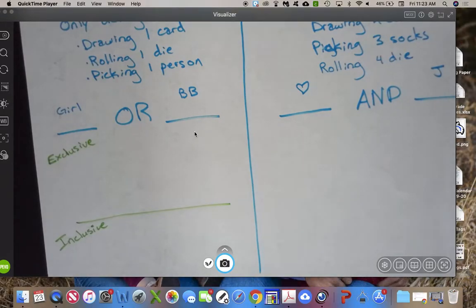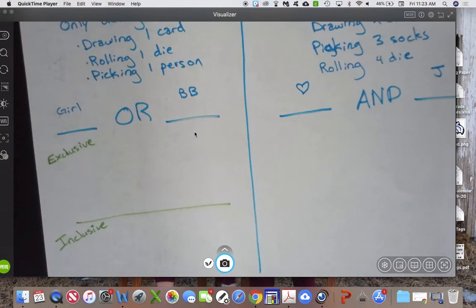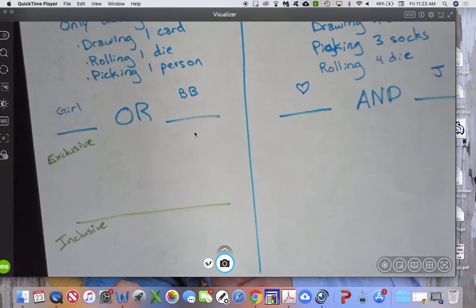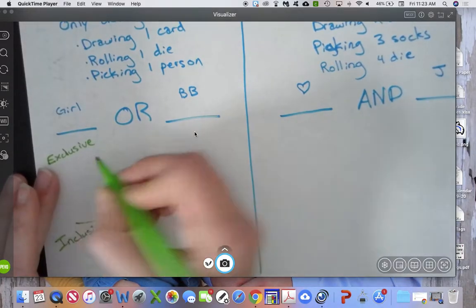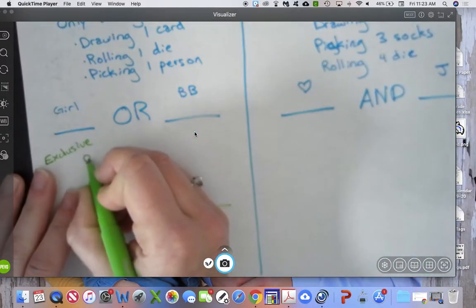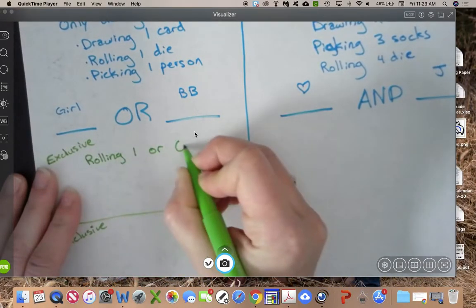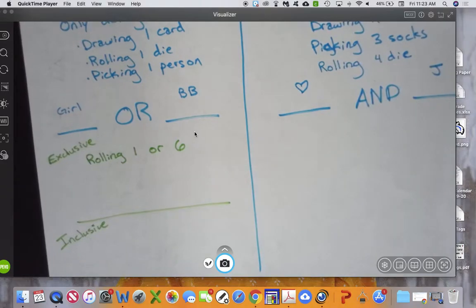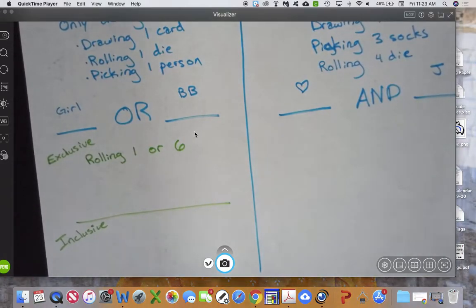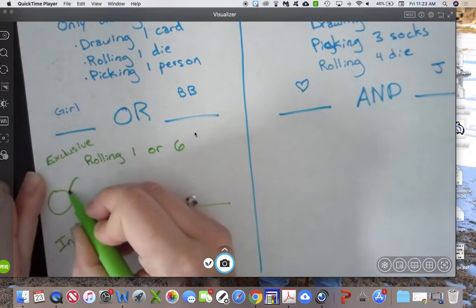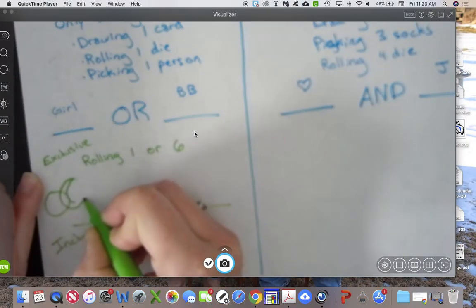So exclusive, what are some things that exclusively can happen with dice? Rolling a 1 and rolling a 6, sure. Or 6. Rolling a 1 or a 6, right? Okay, if I do my little Venn diagrams, I'm going to make them touch.